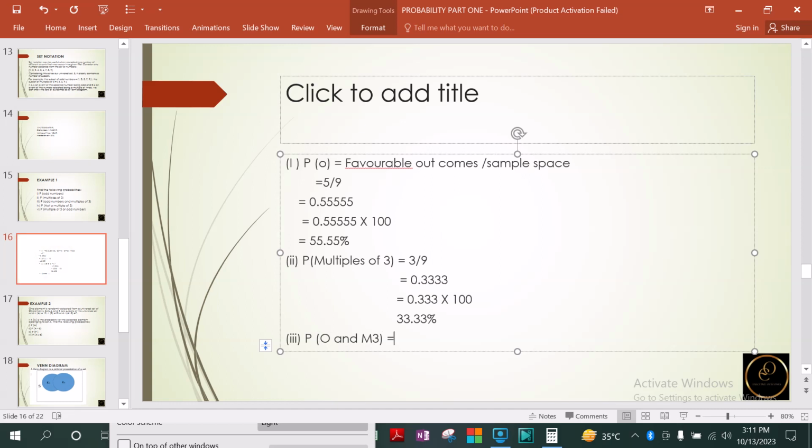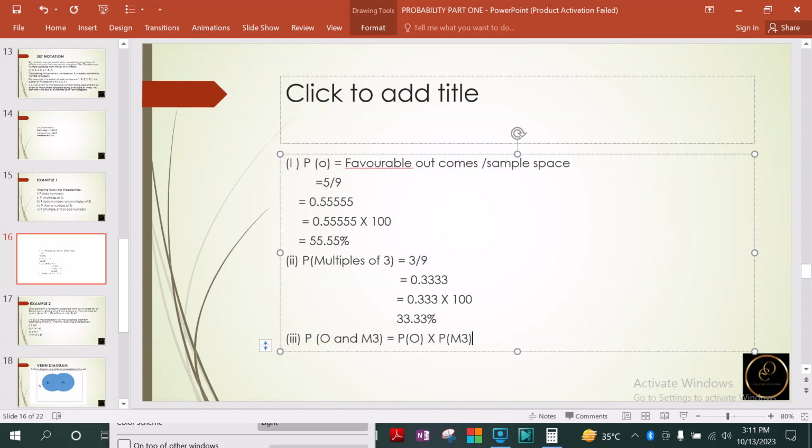I'm going to discuss this later. When you look at the rules of probability, when you have the term "and", it means you have to multiply the two probabilities. So you have the probability of odd numbers multiplied by the probability of multiples of 3.